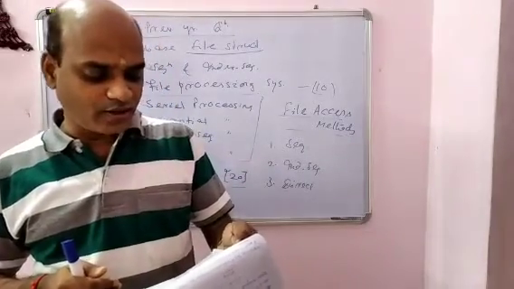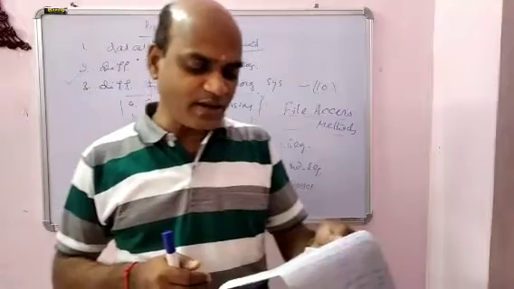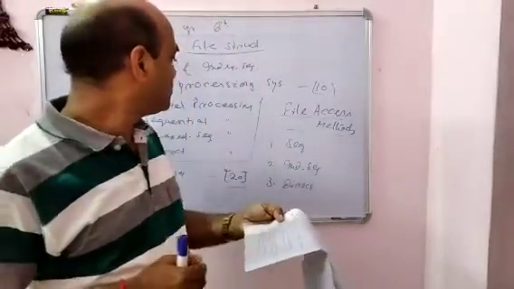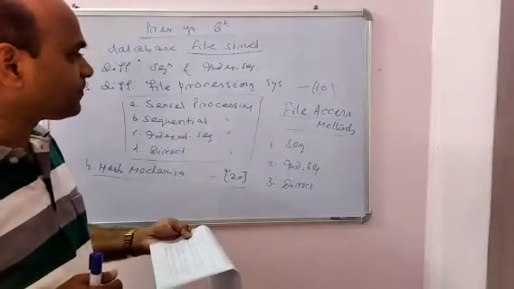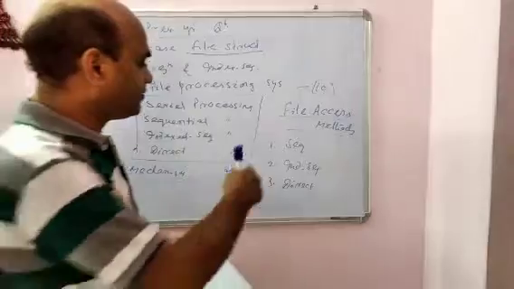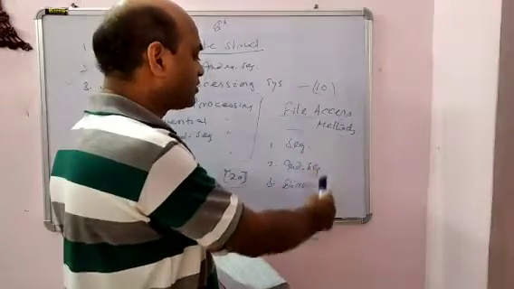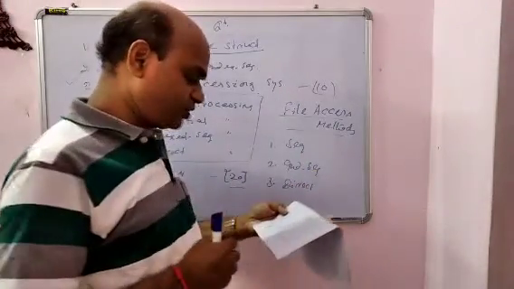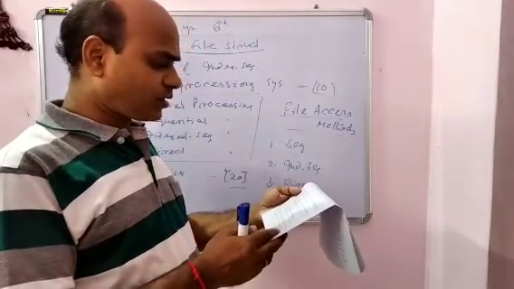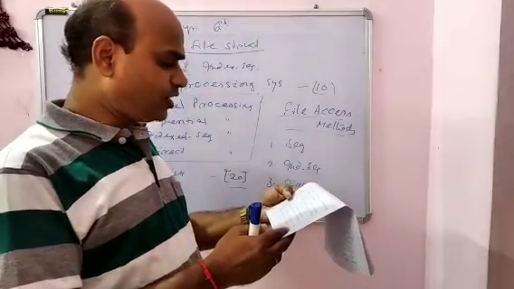Okay. And then: describe the different database file structures with their advantages and disadvantages. So here you can write the different file structures and different file access methods. This question is for 20 marks.